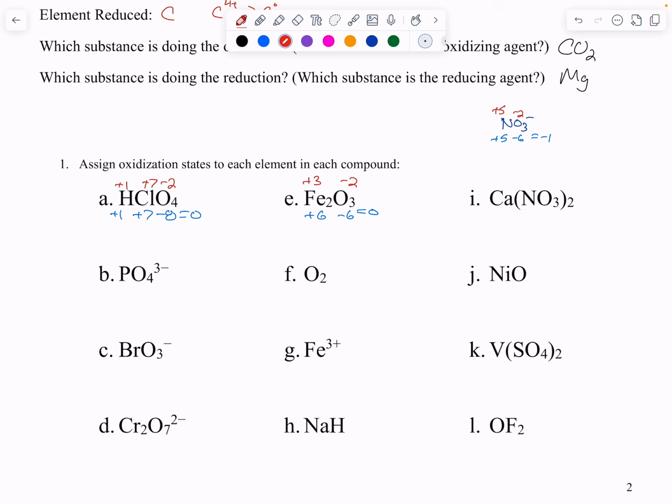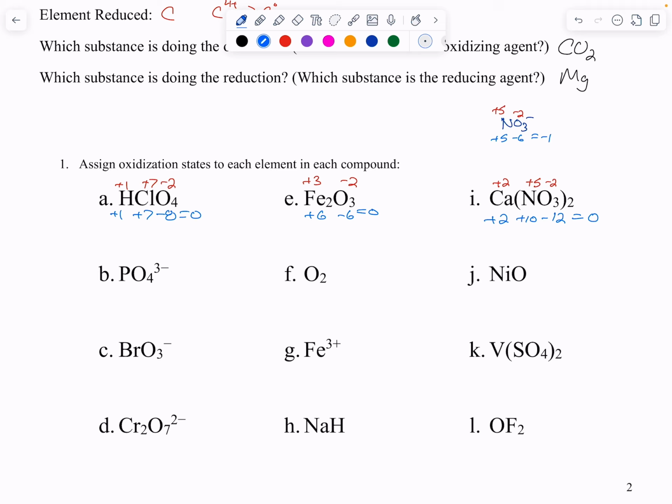There's never a nitrate that's not that way. All right, and you know that calcium's +2 because that's what it is. So nitrogen's +5, oxygen's -2. Let's see, does that actually work? So I got 2 here. 5 times 2 is +10. 2 times 3 is 6, times 2 is -12, right? I think that works, right?